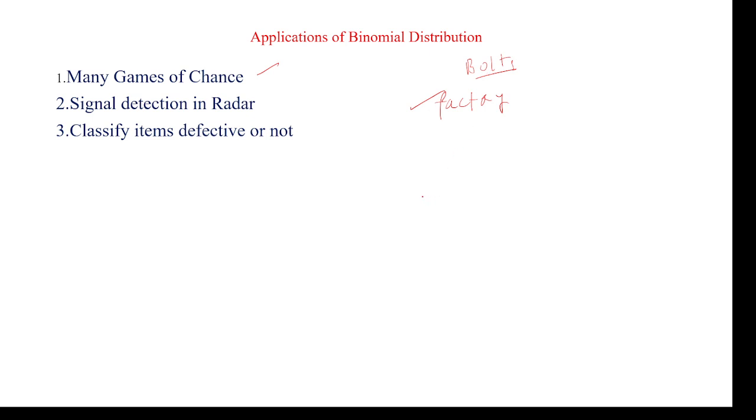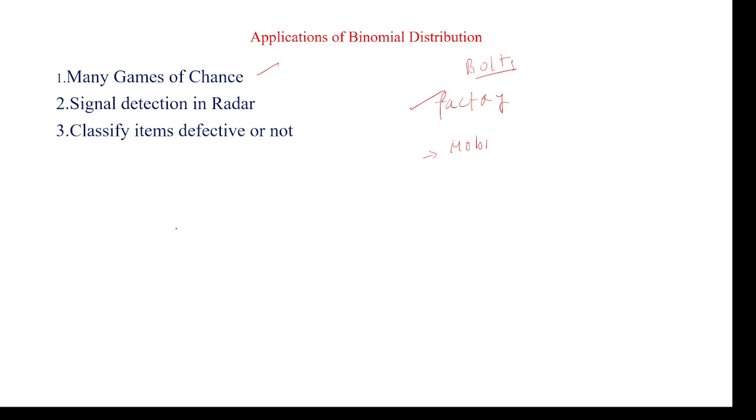In mobile communication, we can find how many calls will fail and how many calls will succeed from transmitter to receiver. Like that, there are so many applications. By using the binomial distribution, we can find these easily.